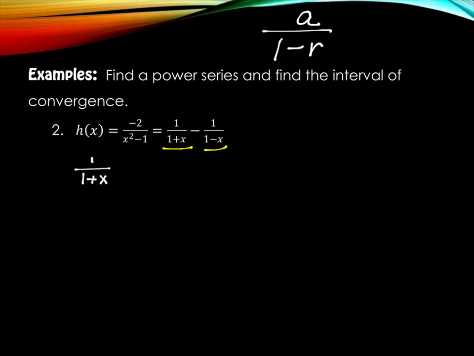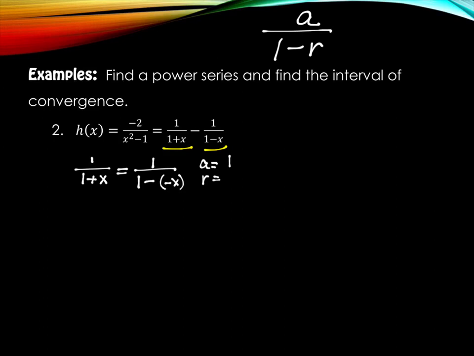It's adding instead of subtracting. So I really do need it to be changed. It needs to say a subtraction sign here. How do I accommodate for that? Parentheses, add a negative. I just changed it to be minus a negative x. That's fine. So at this point, I can identify what's my a and what's my r. So what is a?